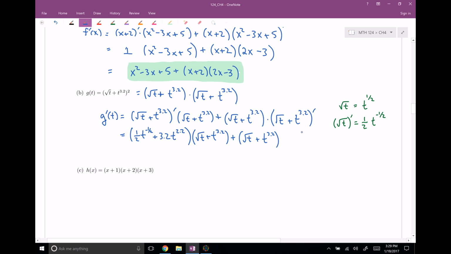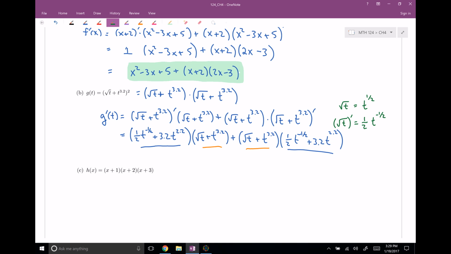And now we take the derivative of this. Notice this is the exact same as we had over here. So it's going to be 1/2 t to the negative 1/2 plus 3/2 t to the 1/2. And one thing you can notice is that this and this are the same, and since we can multiply in any order, these two terms are the exact same, which is very nice.